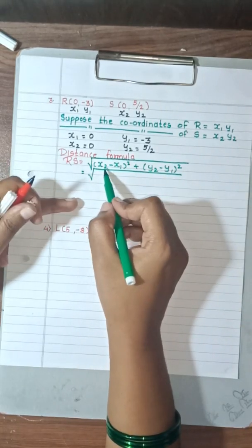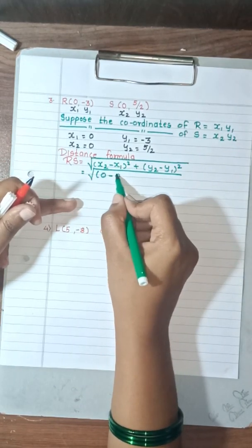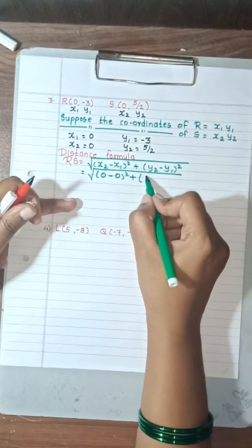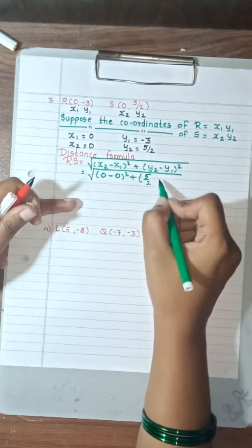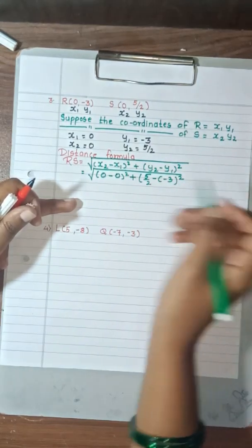Now how much is the value of x2? x2 is 0 minus x1 is also 0, bracket square plus y2 is how much? y2 is 5 upon 2 and minus 3, bracket square.